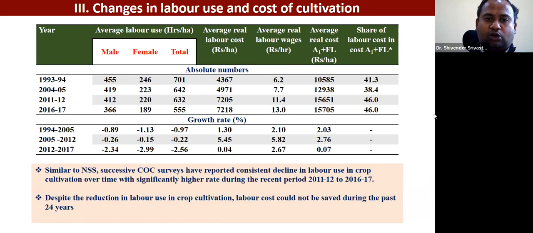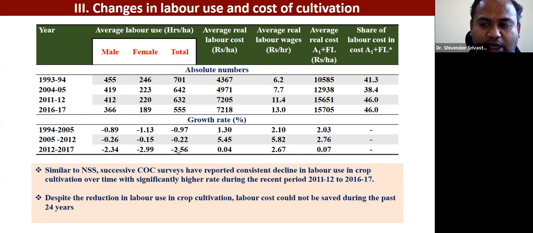So cost of cultivation data of the Directorate of Economics and Statistics says that over a period of time, both female and male labor use has declined, and the decline has accelerated at the rate of about 2.5% between 2012 and 2017.